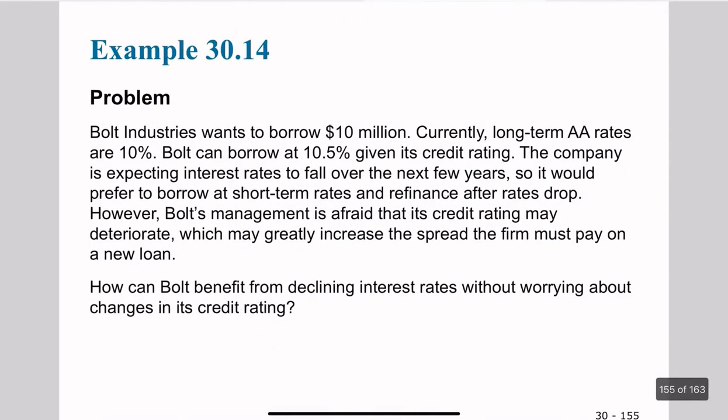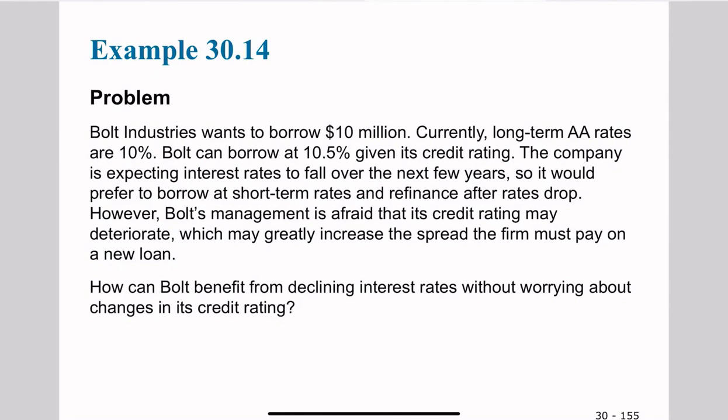Okay, now let's see this example here. Both industries want to borrow $10 million. So now the long-term AA rates are 10%. And both can borrow at 10.5% given their credit rating. The firm is expecting interest rates to fall over the next few years. So it would prefer to borrow at short-term rates and refinance after rates drop.